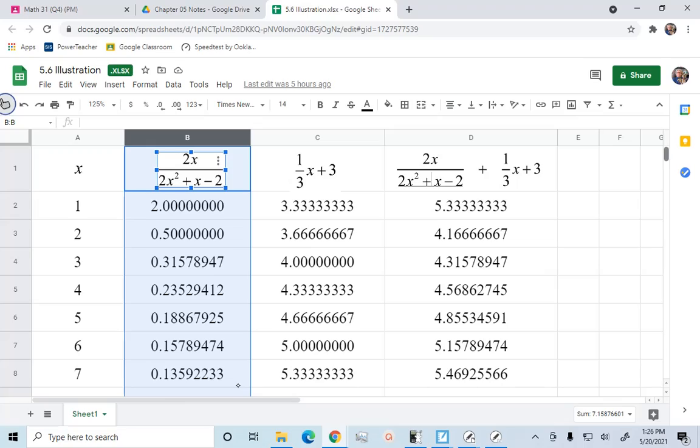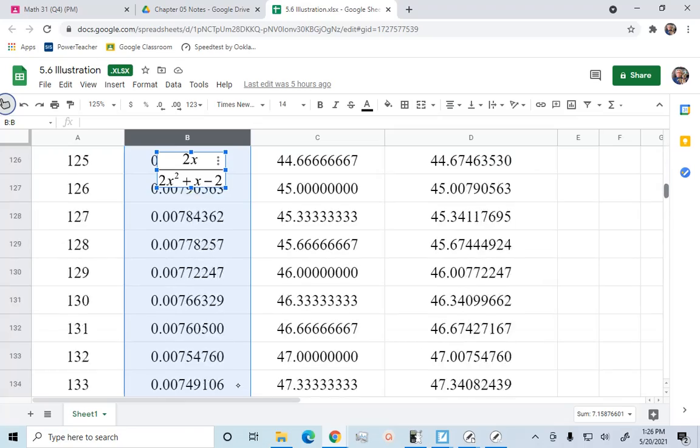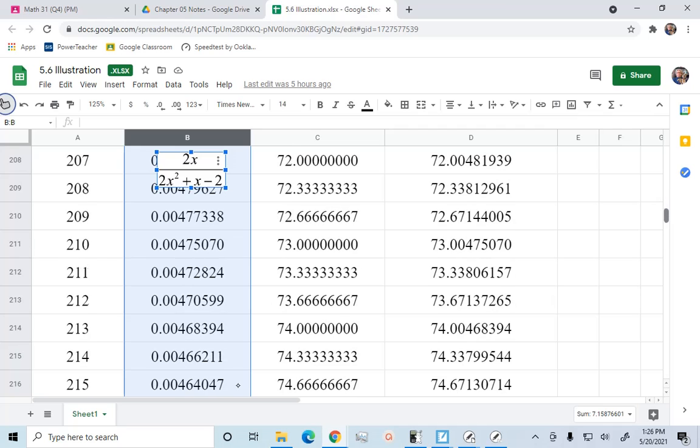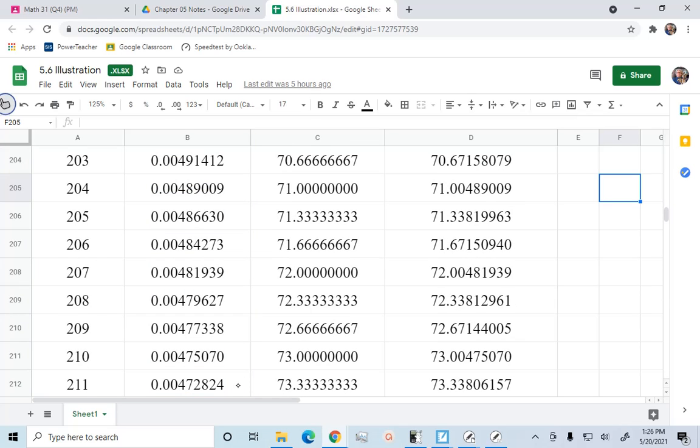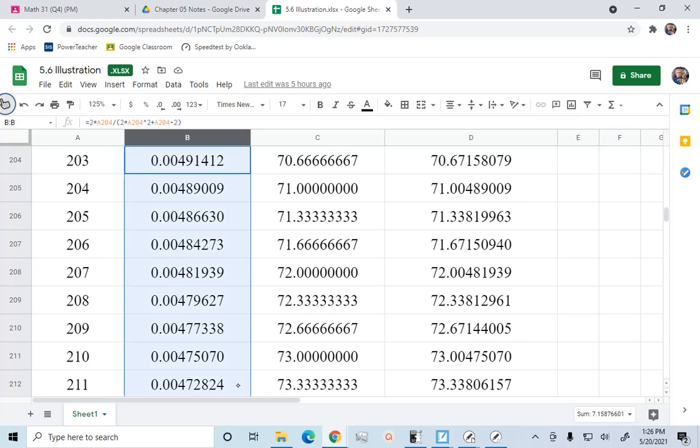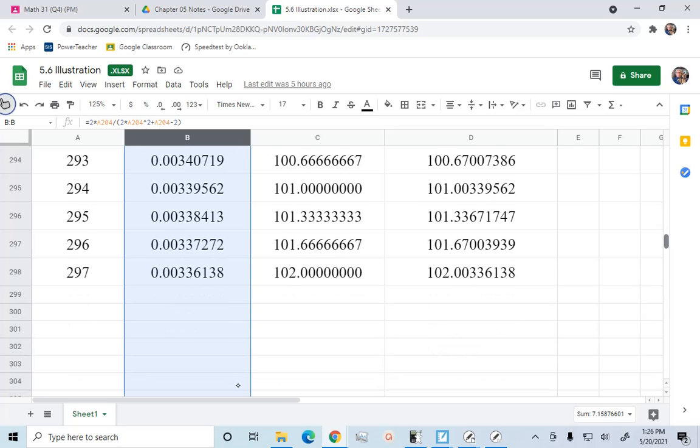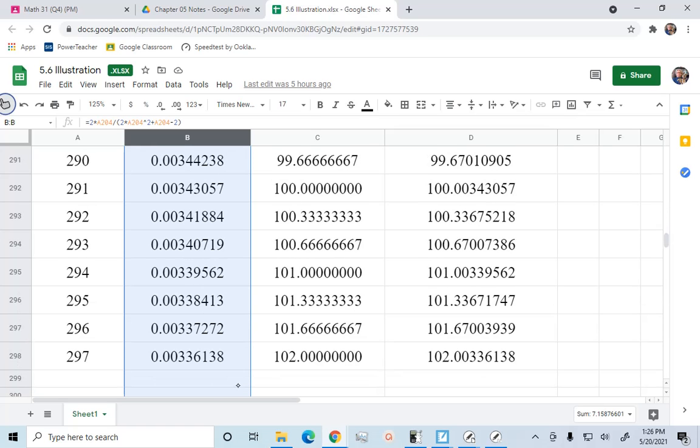In fact, if I scroll down here, you can see that it continues to get smaller. When you take a look at column B and I scroll down, when I get to very, very large values of x, I went to 297. That first part of the function becomes very insignificant.